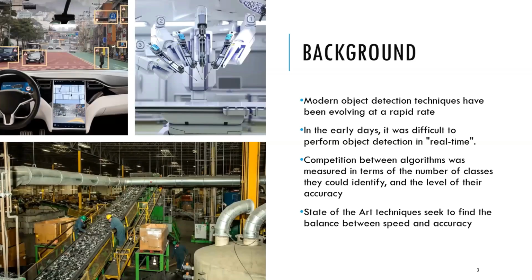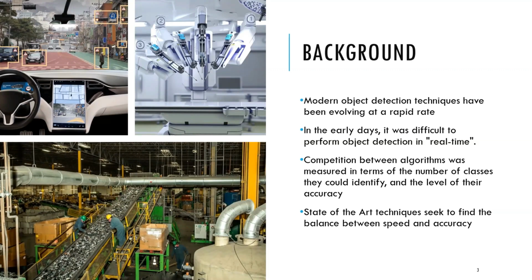So the background. Modern object detection techniques have been evolving at a rapid rate. In early days, it was quite difficult to perform what we call real-time object detection, right? But now it's completely possible. In the early days, the competition between object detection algorithms was measured in terms of the number of classes they could identify and the level of their accuracy.